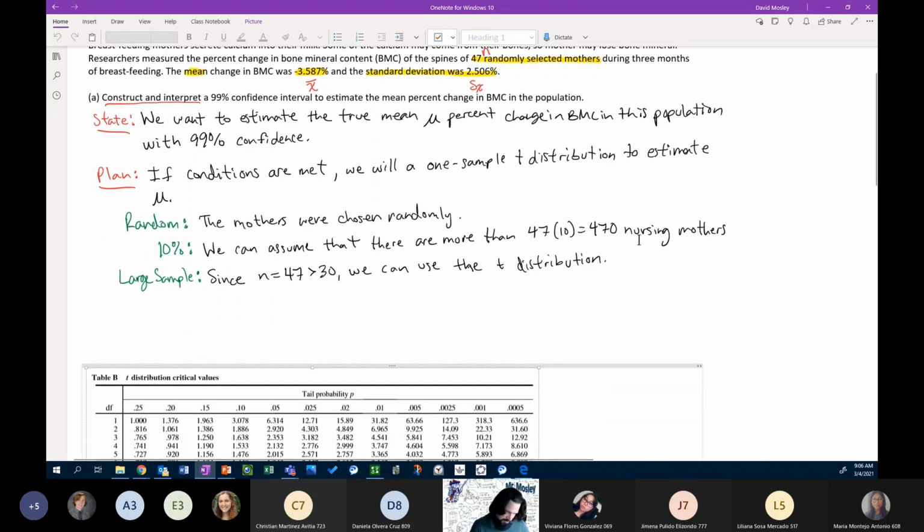Now we have to do some math. So we know x bar, that is negative 3.587%. We know s sub x, and that was 2.506%.